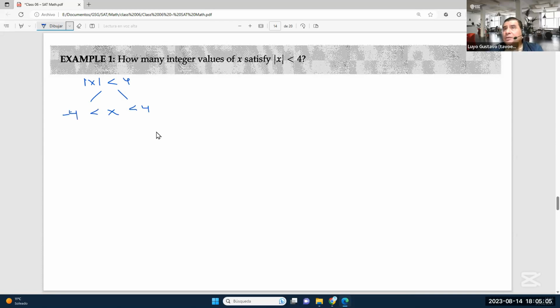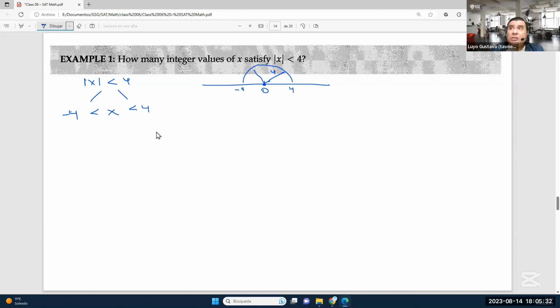Or you can try to visualize this on a number line, saying the distance between x and 0, here is 0, is less than 4 units. So imagine here a radar covering 4 units in all directions from the pivot value 0. And so here you get to -4 to the left and +4 on the right.